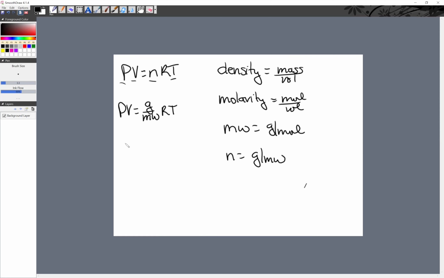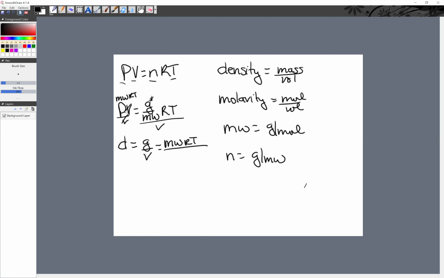So if I want to solve for density, density is g over V. So I have to keep this one on the right. I'm going to divide both sides by V. And then I'm going to multiply the molecular weight and the R and the T over. So my V is gone. So this equation can be derived to be molecular weight RT over, let me see, that looks funny to me.